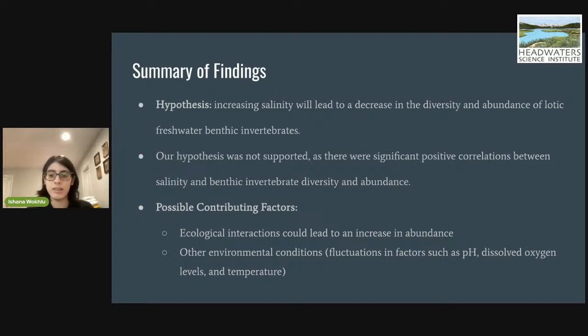These include a decrease in predators, an increase in prey, the death of salt-intolerant invertebrates, creating more niches for salt-tolerant ones, and factors that could have led to an increase in abundance. And other environmental conditions, such as fluctuations in factors such as pH, dissolved oxygen levels, and temperature, could also have contributed to our results.